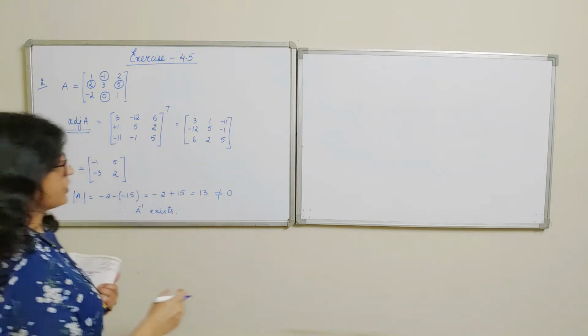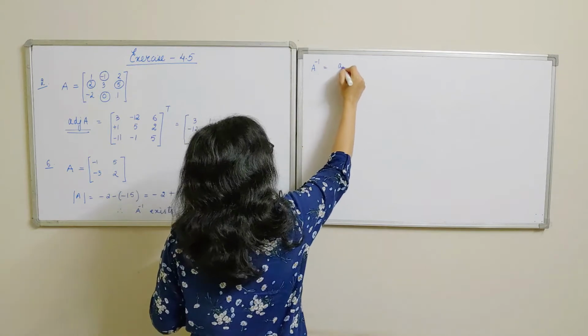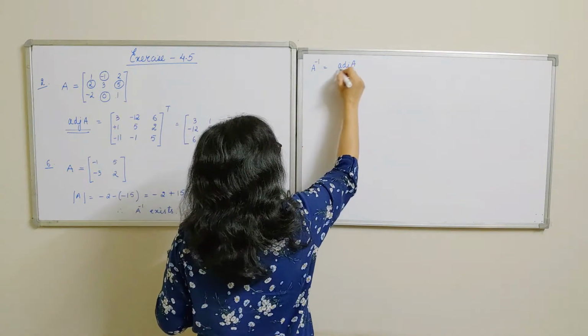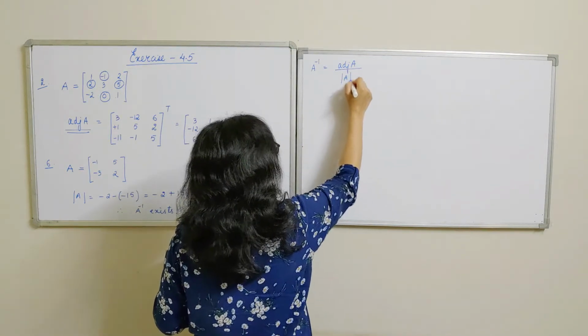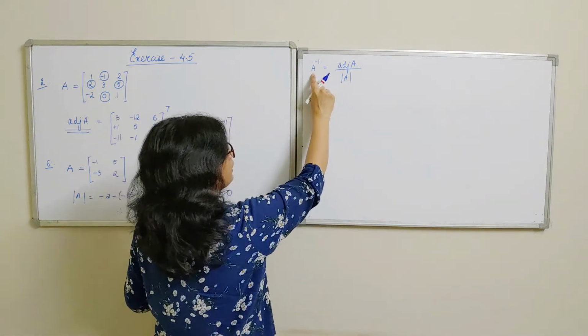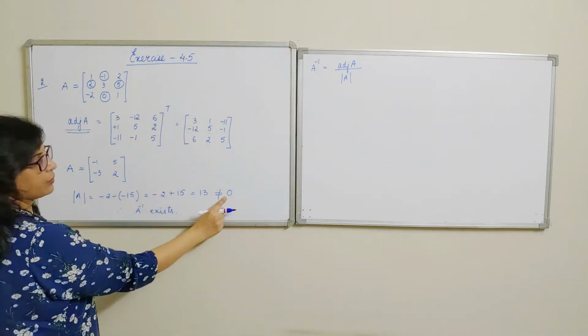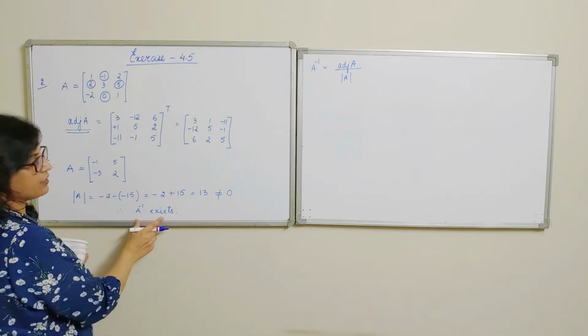If A inverse exists, what is the formula for finding out A inverse? A inverse is the adjoint matrix divided by the determinant. So here you can see that if the determinant is 0, the inverse does not exist. That's why we have mentioned that because the determinant is not 0, the inverse exists.